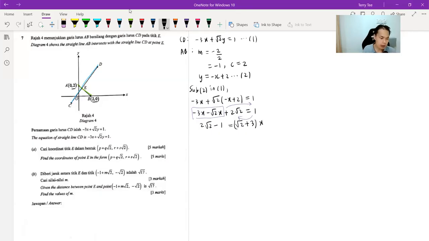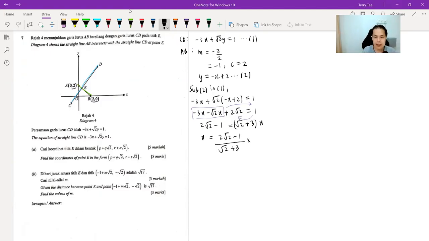Up to you, you may want to put it the other way around, also can. So when I divide this, my x is now 2 surd 2 minus 1 divided by surd 2 plus 3. I like to put the surd in front because you can see that 2 surd 2 is in front, the surd is in front. So it's easier for us to simplify.